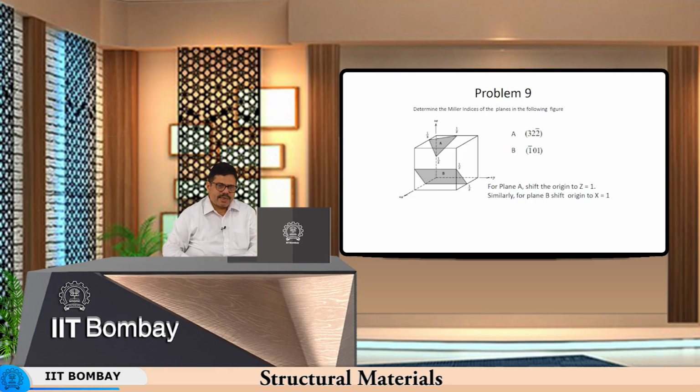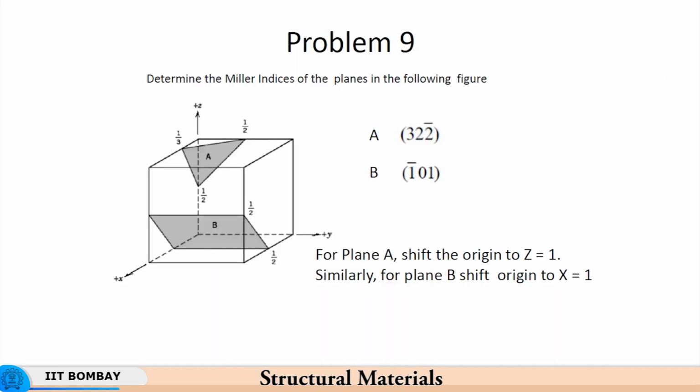So the planes whose Miller indices we need to determine are given in this figure. Now in planes the procedure is slightly different. You take the intercept with respect to x, y and z. So it is 1/3 for x, half for y, and actually minus half for z, right, because now we have the origin which is somewhere here.